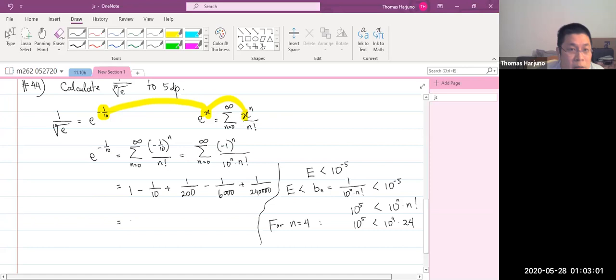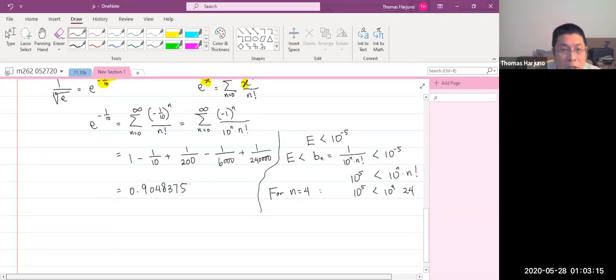I get 0.9048375, which if I round to 5 decimal places is 0.90484.